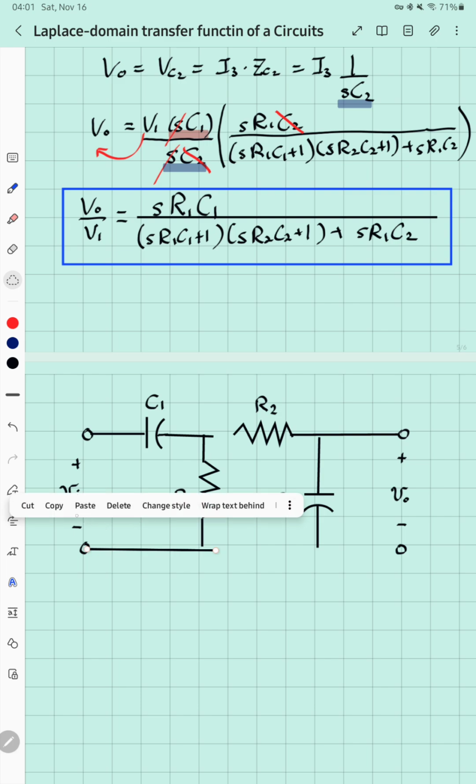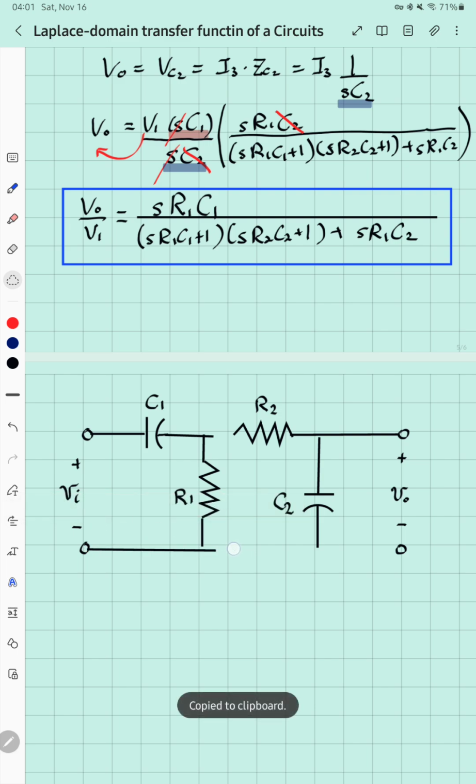I'll have two separate circuits. I just moved these around so that it's now two separate circuits, but cascaded.